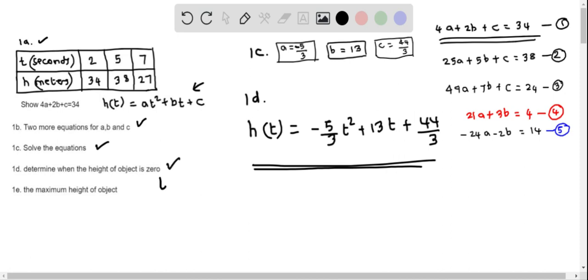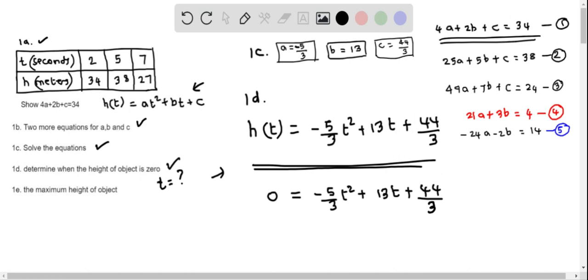So basically we are finding at what time the height becomes 0. So therefore I can plug in h of t equal to 0 into this model and determine the time. So I put 0 for h of t and then write down all the terms on the right side as they are, 13t plus 44 by 3.